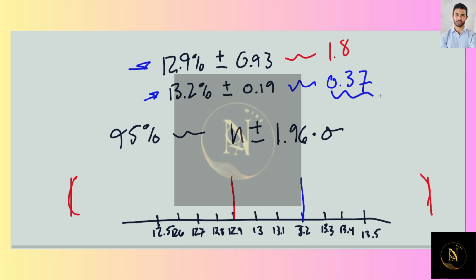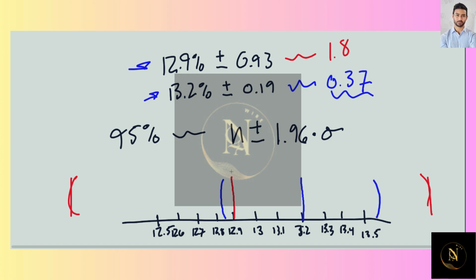What about, is the 12.9 mean contained within this confidence interval? So the confidence interval is plus or minus 0.37 on either side. So 1, 2, 3.7, right? And then plus 3.7. So something like that. Okay.